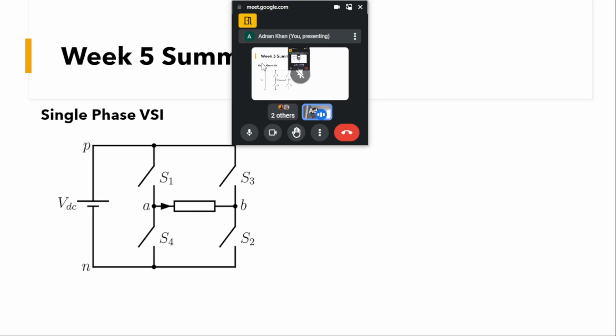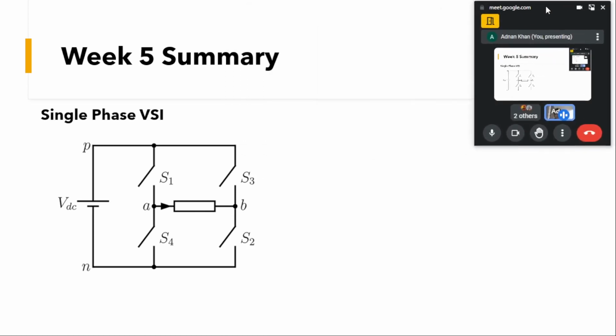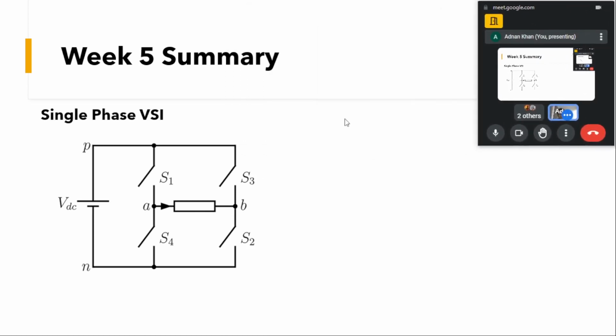Now we will see, if we have a single phase inverter, how we can get a single phase AC from this constant VDC voltage.